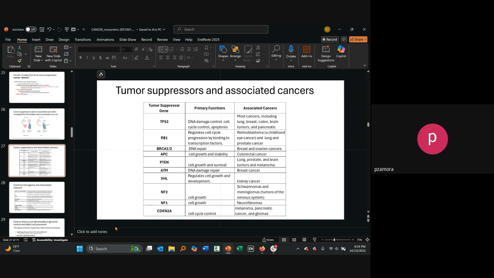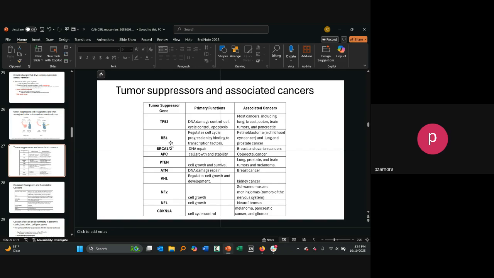And the short answer is, yeah, they are. So if you look at just TP53, for example, as I mentioned, it's involved in DNA damage control, regulating cell cycle control and apoptosis. But it is found in most cancers, including lung, breast, colon, brain, and pancreatic cancers.